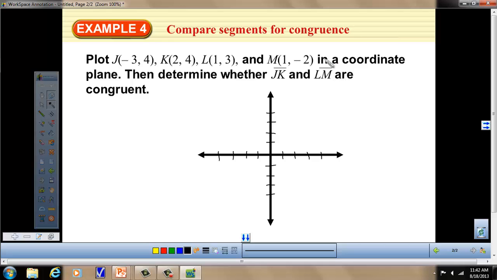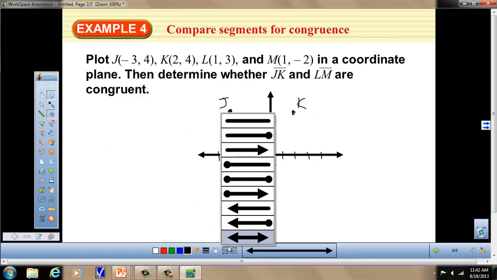Okay, if you're not sure, J and K both have the same Y coordinate. L and M have the same X coordinate. Can you see it? Okay. So I'm going to plot these. If you notice with J and K, when I plot negative 3, 4, right here is J, and 2, 4, you notice that having the same Y coordinate gives us a horizontal line.